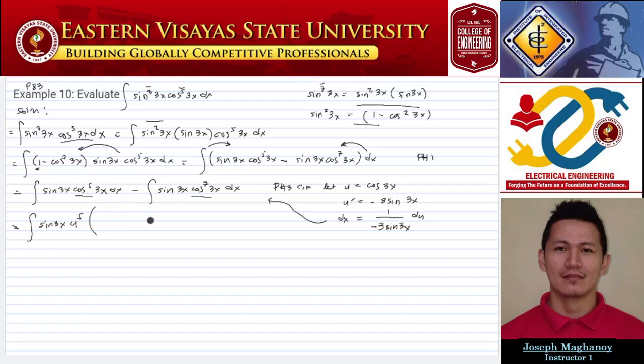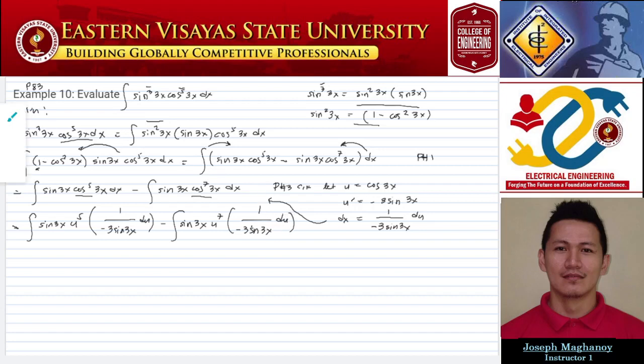Then dx, that is your correction factor, 1 over negative 3 sine 3x du. So we'll do the same to the second term. Sine 3x, we replace cosine 3x with u. Don't forget the power 7. Then your correction factor, 1 over negative 3 sine 3x du.